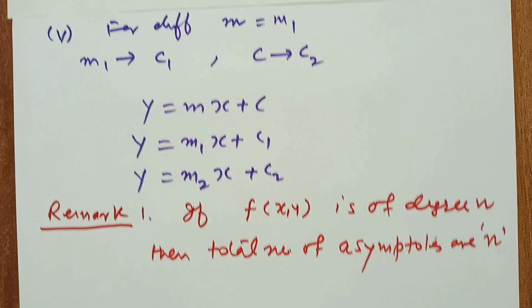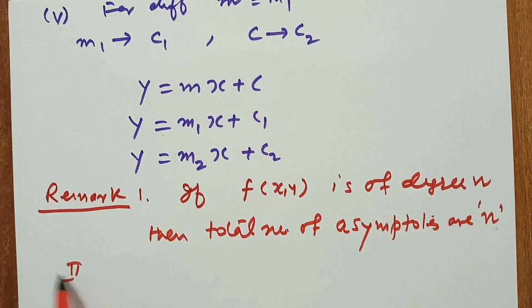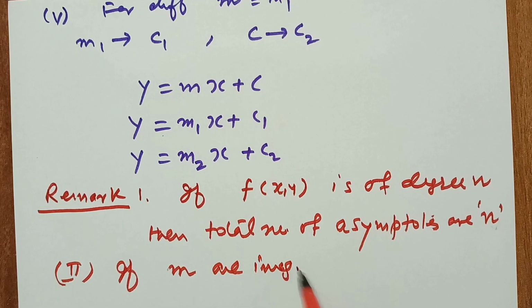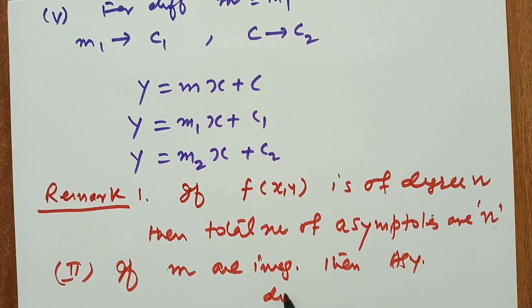The second remark is, if the values of m are imaginary, then asymptotes do not exist.